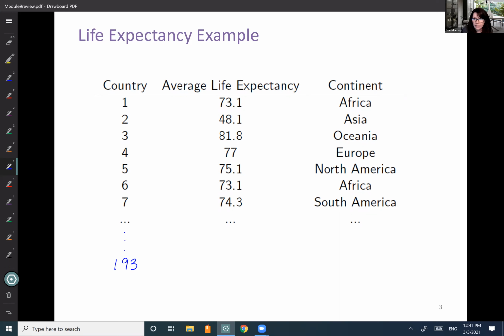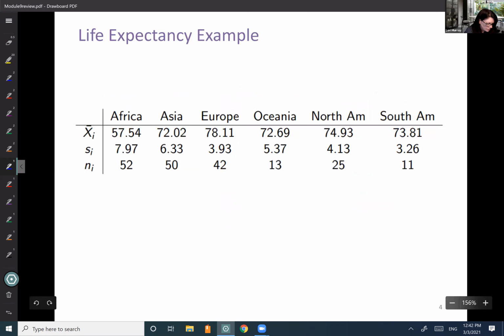There are a total of 6 continents: Africa, Asia, Oceania, Europe, North America, and South America. I have taken the average life expectancy for all the countries in each continent and calculated it into a table right here.